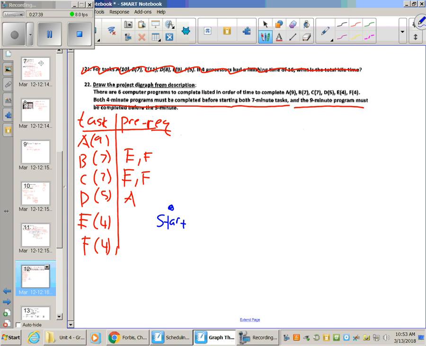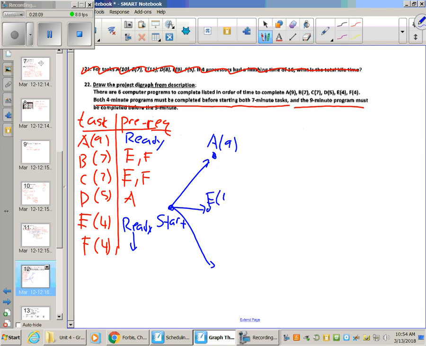Okay, and then I have start pointing to everything that's ready, which in this case is A, E, and F. So it's going to be pointing to A, E, F. A with a processing time of 9, E with a processing time of 4, and F with a processing time of 4.